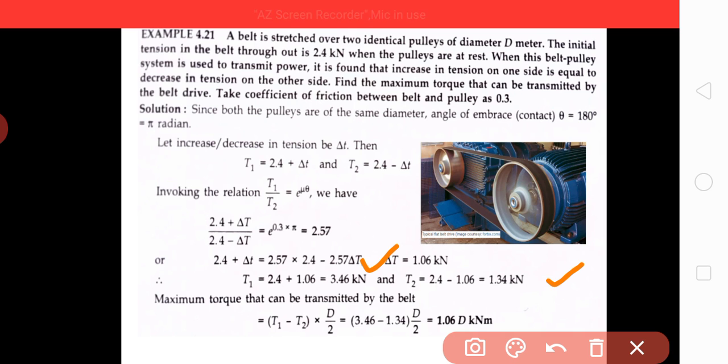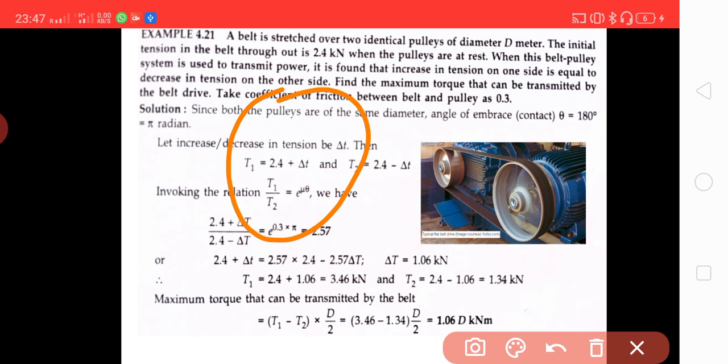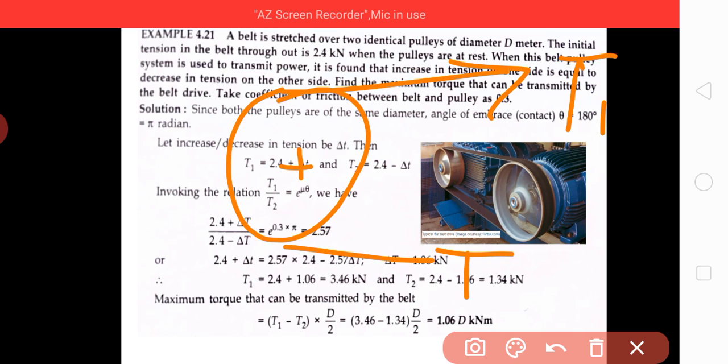Maximum torque that can be transmitted by the belt is given by T1 minus T2 into d by 2. Now just for your sake, this is the pulley, this is the tension T1, and this is the tension T2 slack side.